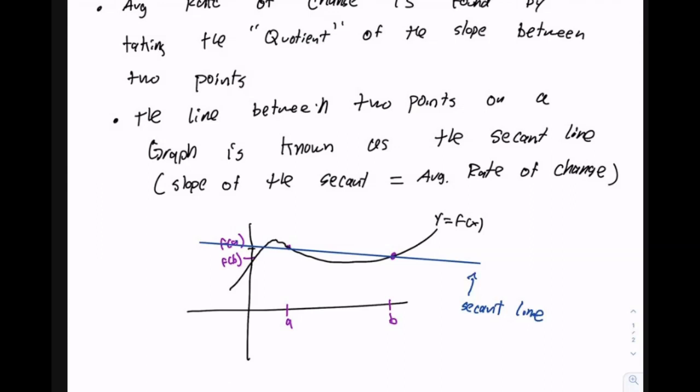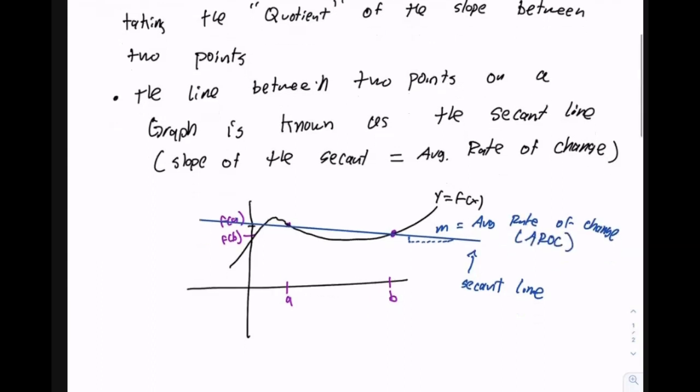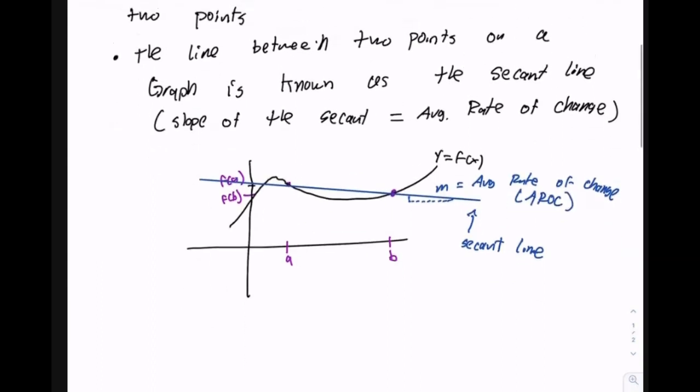The slope of the secant line is referred to as the average rate of change. Now, of course, we do have an abbreviation for this, AROC. So I'm going to move towards using the notation AROC for average rate of change.